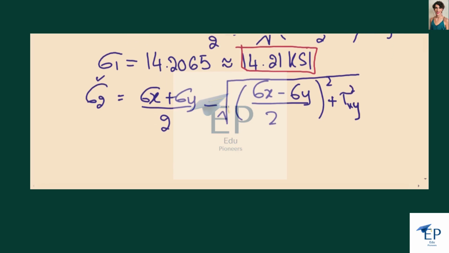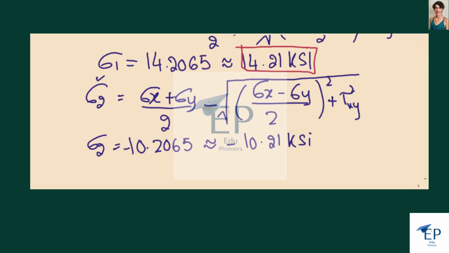Again, just plug in the values and you will get that sigma sub 2 is equal to negative 10.2065, approximately negative 10.21 ksi.